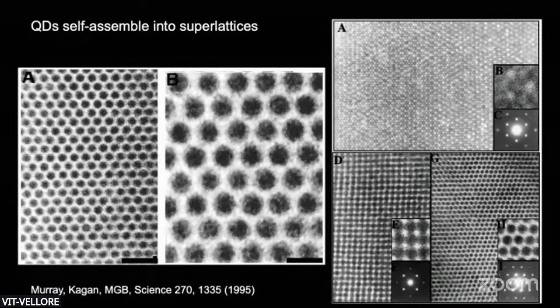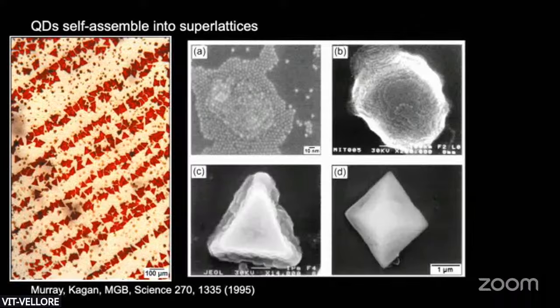We also saw that these materials could be assembled because they were all the same size. They're kind of like big atoms. If you take a bunch of atoms and bring them together, they can assemble into crystals. So we were assembling these into superlattices or supercrystals. These supercrystals are an active research area today, because you can think of these particles as artificial atoms.